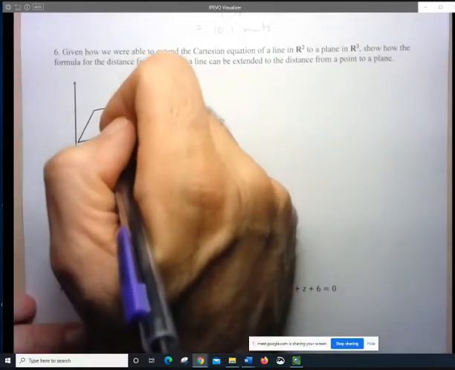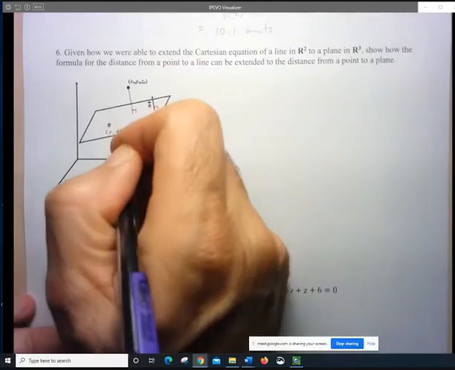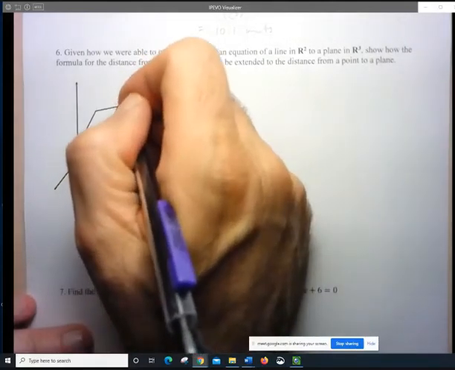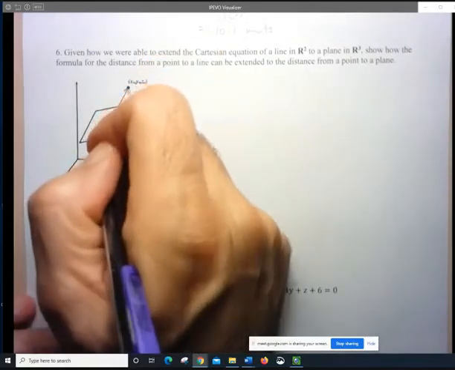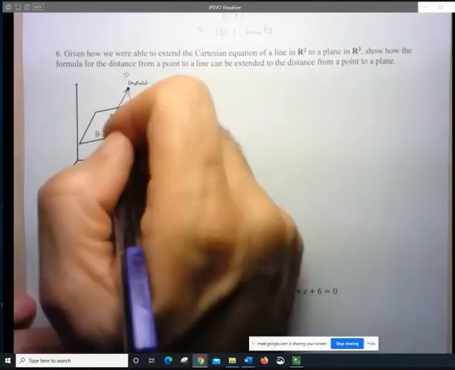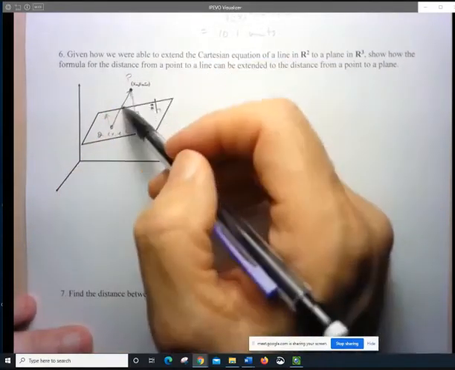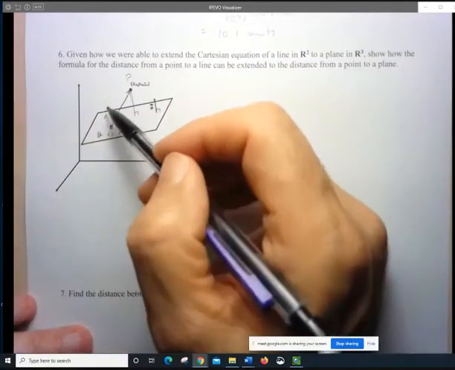I take any point on the plane, say x, y, z, and I create my vector, say I call this point Q to point P, and I just move this normal vector here, and I'm just finding the projection of QP onto the normal vector.